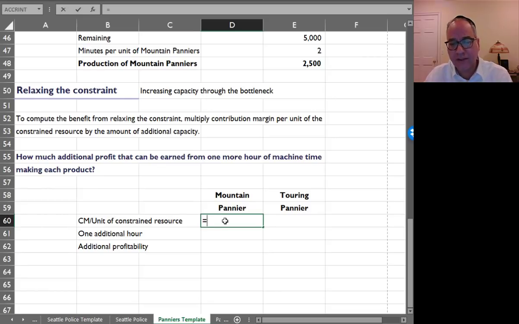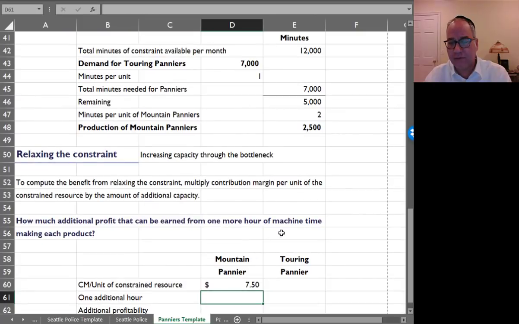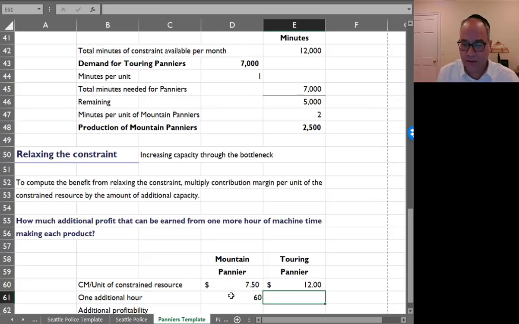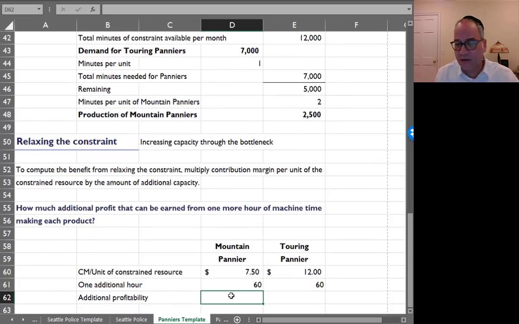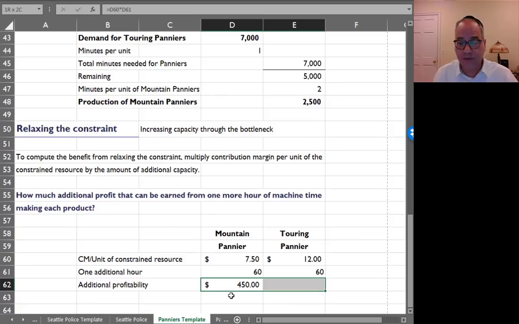So for the mountain pannier, the contribution margin per constrained resource we said was $7.50, and for the touring pannier it was $12. So if you had 1 additional hour of the mountain pannier or 1 additional hour of the touring pannier, using that for the mountain pannier would deliver another $450 in profit.